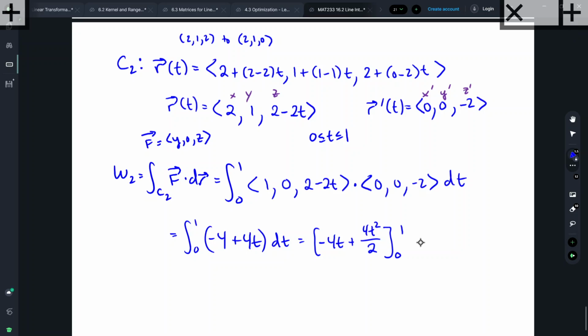And so when you plug in 1, you get negative 4 plus 2. And then when you plug in 0, this is 0, this is 0, so that's all we get, which is equal to negative 2. Okay, so the work over the second line segment is equal to negative 2.